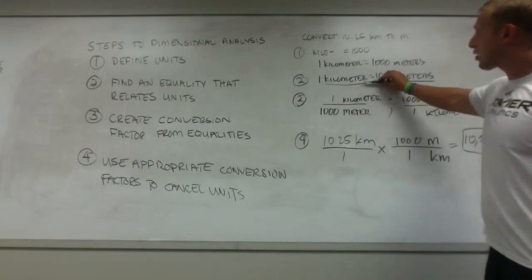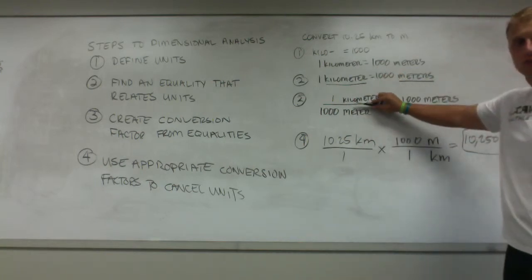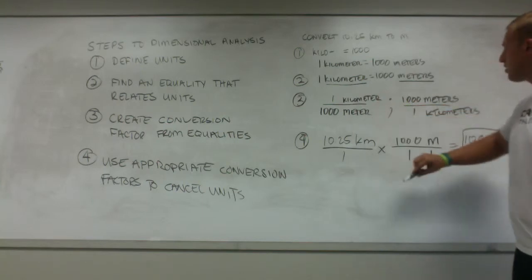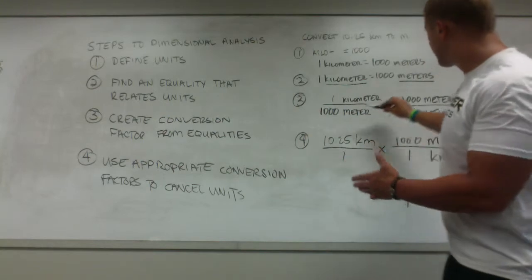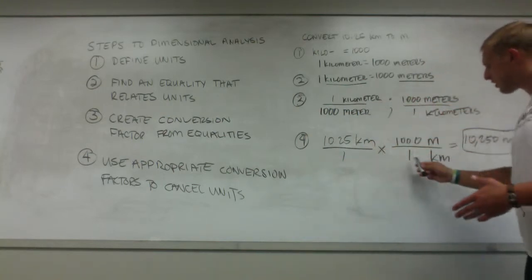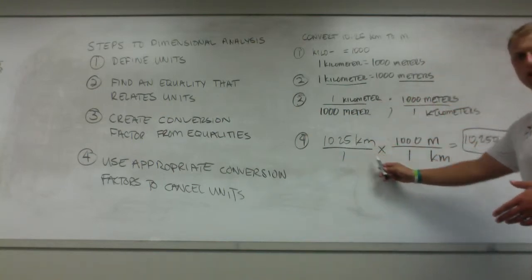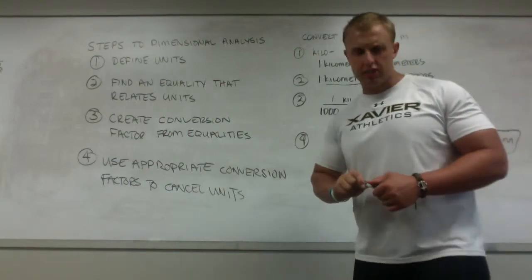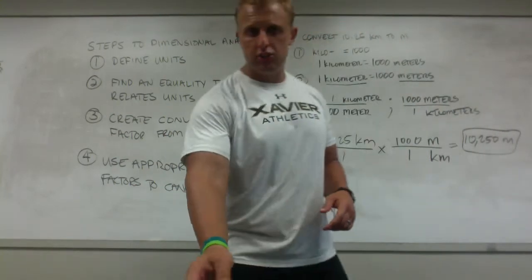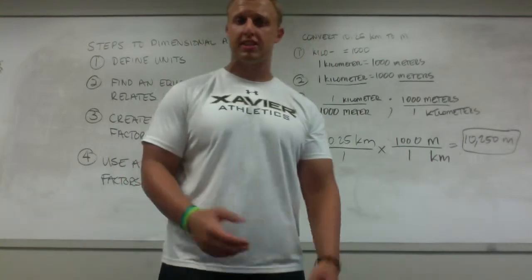And then we took that equality and made conversion factors of 1 kilometer to 1,000 meters and 1,000 meters to 1 kilometer. Then we used that conversion factor to cancel out our original unit, which was kilometers, and to get meters. All right? There are no shortcuts. Learn how to do this and learn how to do it properly, and you'll be successful in chemistry.